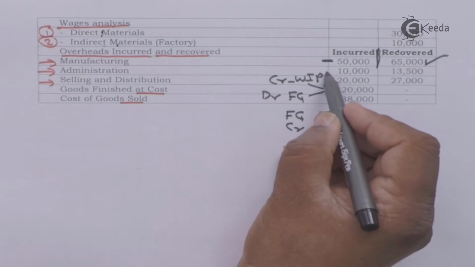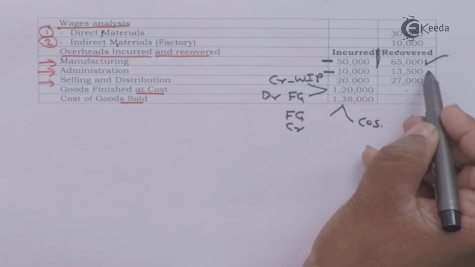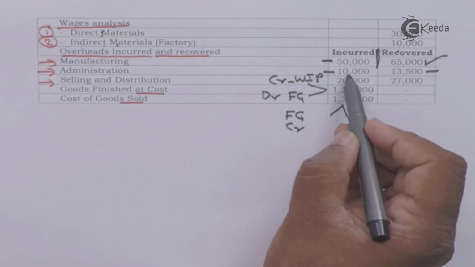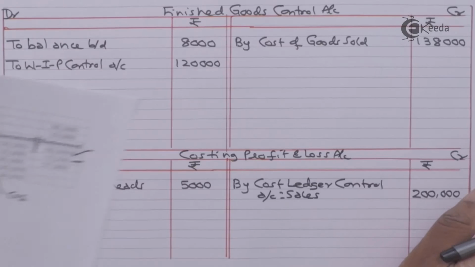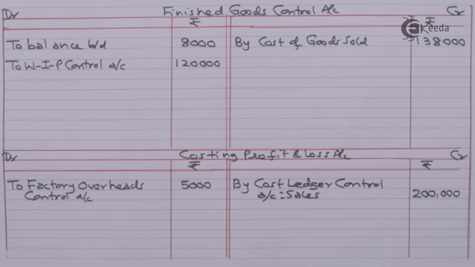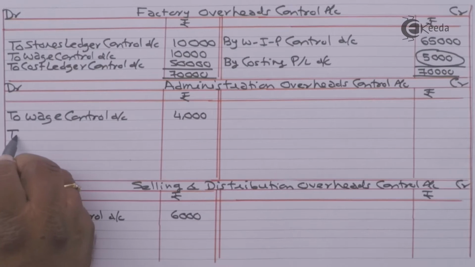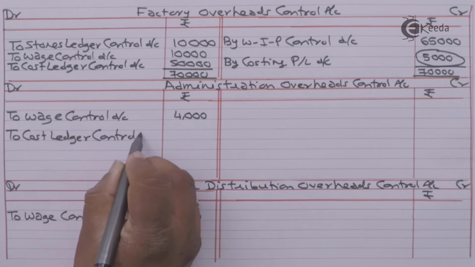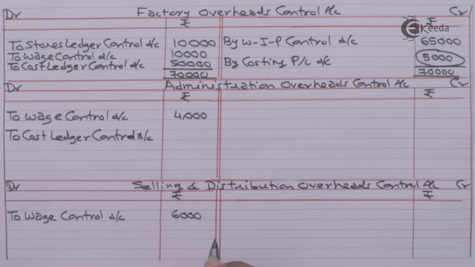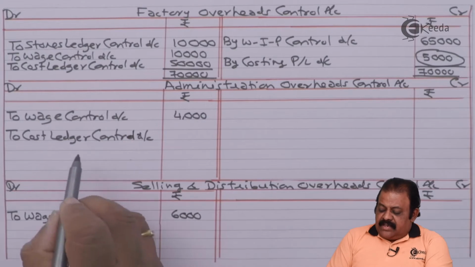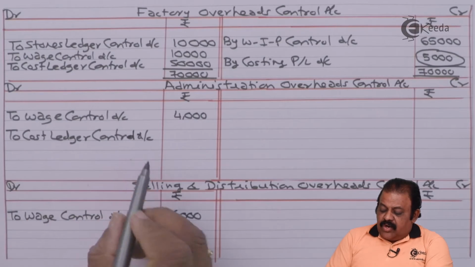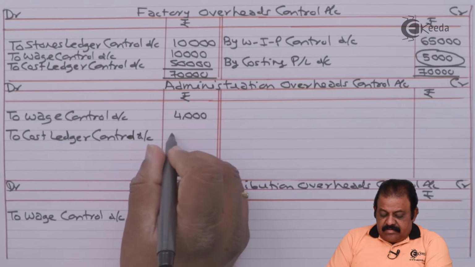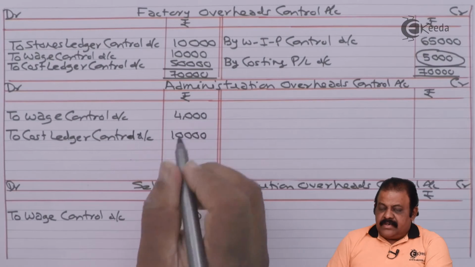Administration overheads incurred 10,000, recovered 13,500. Incurred 10,000 will be recorded first in administration overheads control account. Administration overheads debit side to cost ledger control account, 10,000.